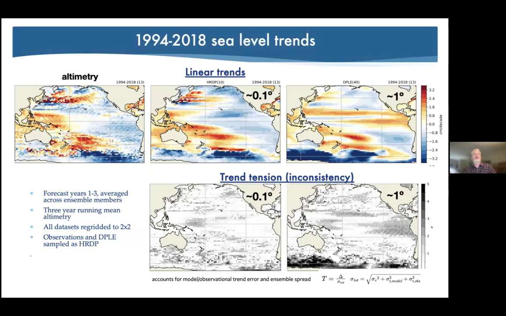The panels below just show whether those linear trends are consistent or inconsistent with each other. Lower values mean that the trends are consistent, and you can see in the high resolution decadal prediction simulations that the trends are far more consistent with observations when you think about errors arising from different sources.